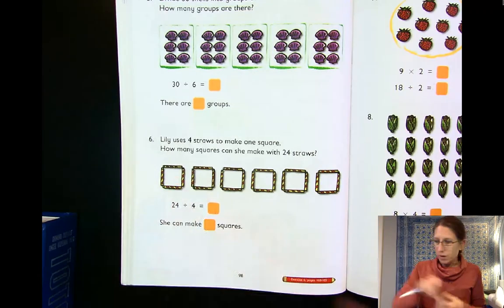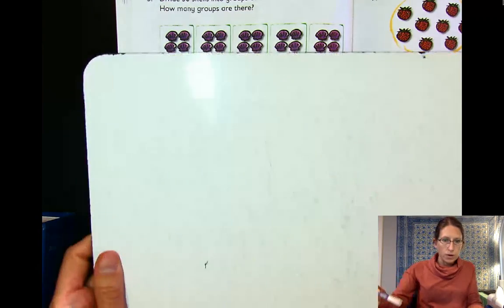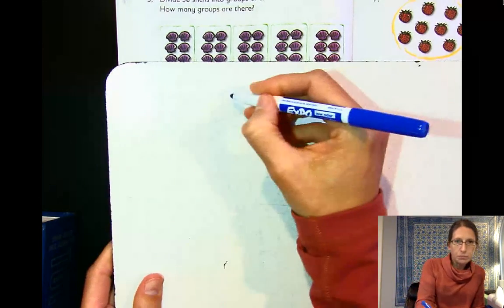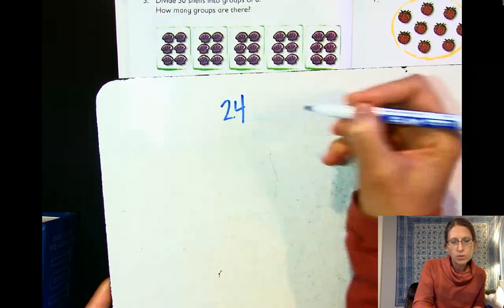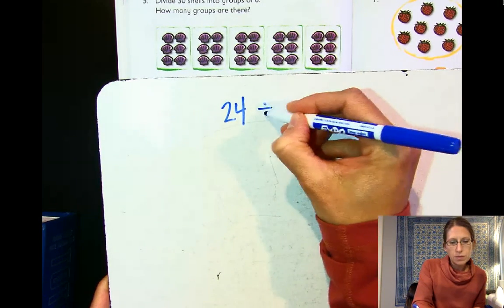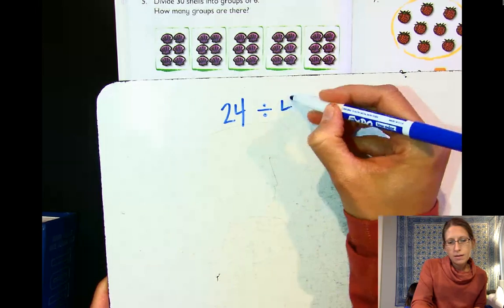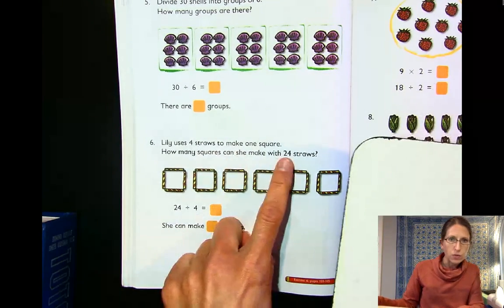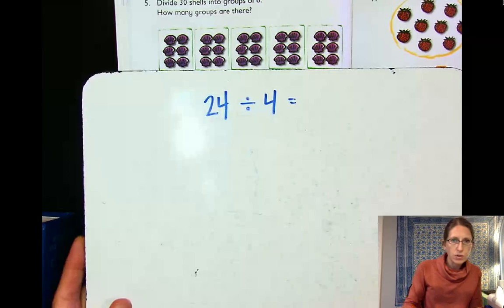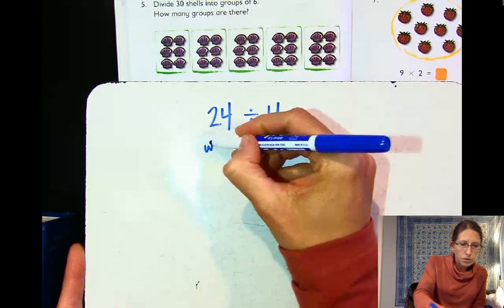Here's 4. So if we were doing this on our whiteboard, we would have, so she has 24. They want to know how many groups she can make, or how many squares she can make with 24 straws. So she has 24 straws. That's our whole number.